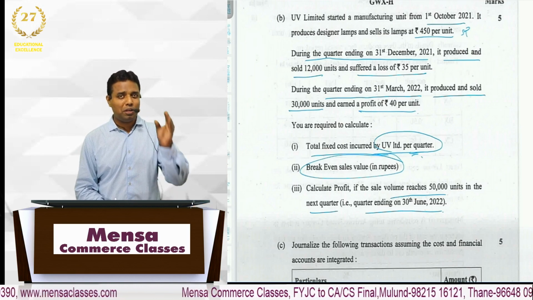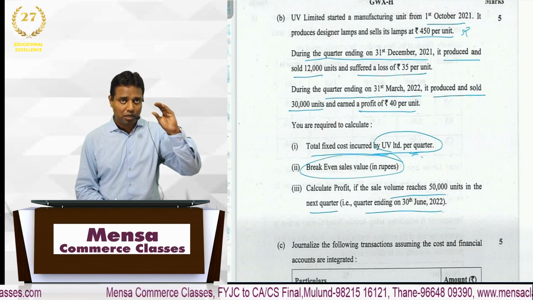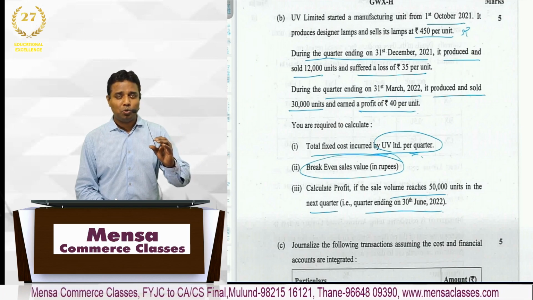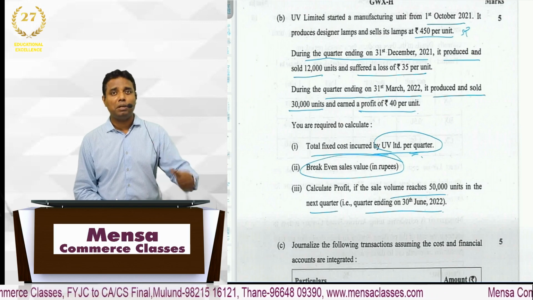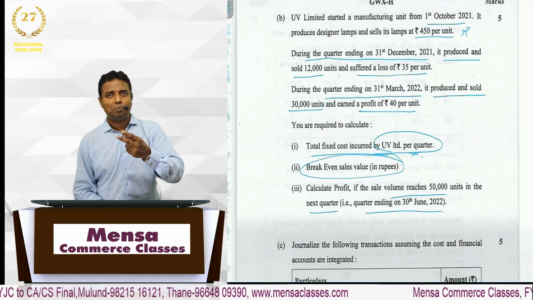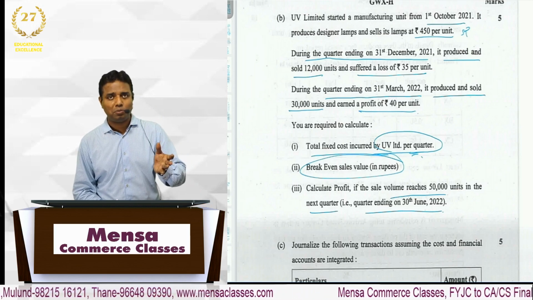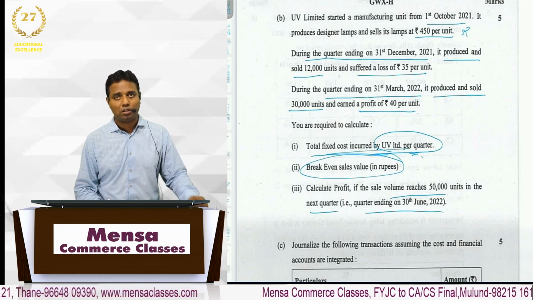So we know the sales and the profit of the quarter from October to December, and the quarter from January to March. You know well, the difference in profit upon difference in sales will give you the PV ratio, because the difference in profit is the same as the difference in contribution, assuming the fixed cost is the same.